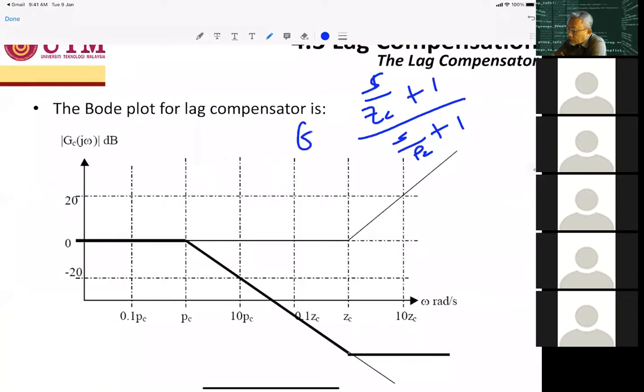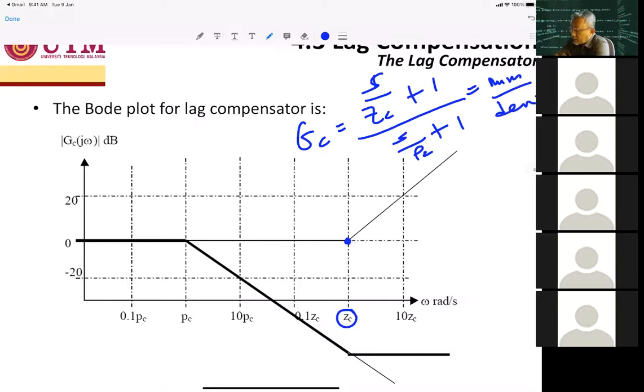Zc is here, the corner frequency for the numerator of the compensator, divided by the denominator, with corner frequency Pc.